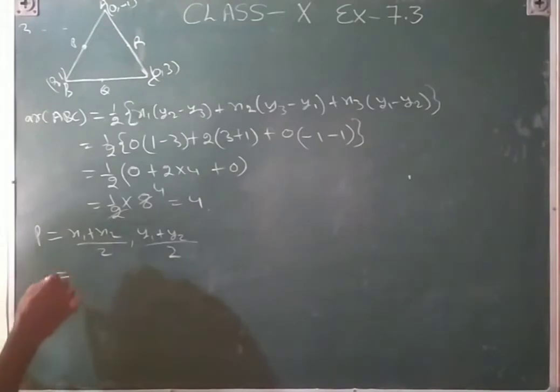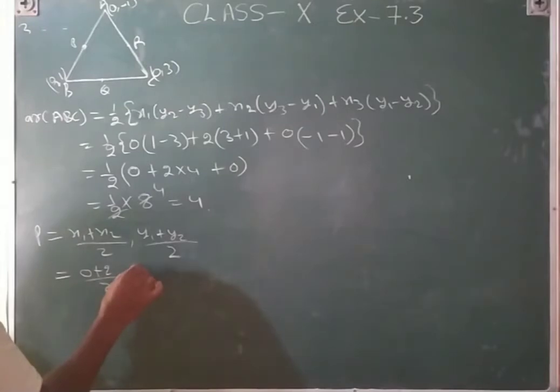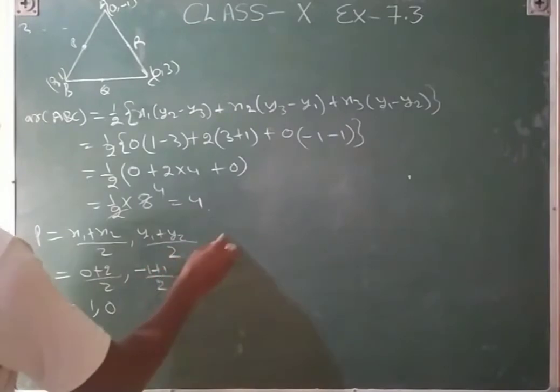So x1 is 0 plus 2, 0 plus 2 upon 2, and then minus 1 plus 1 upon 2. By the calculation, that will be 1 and this will be 0. And then similarly we will find the Q point.